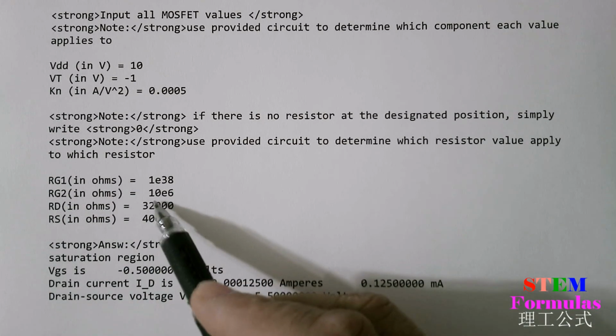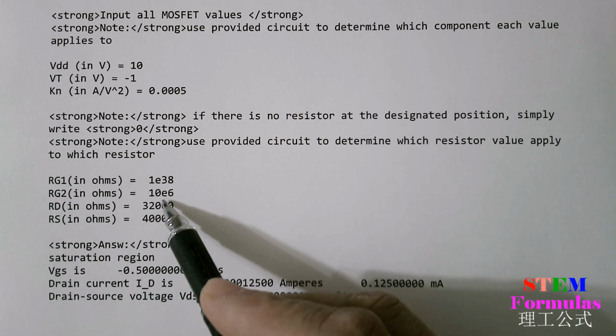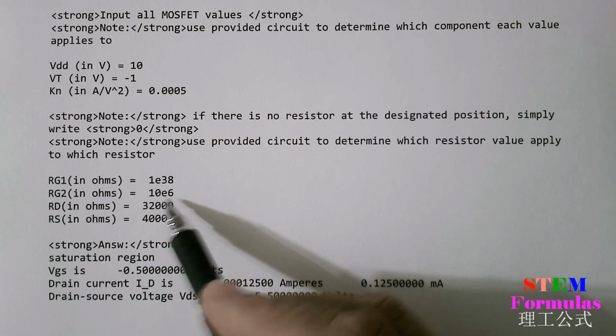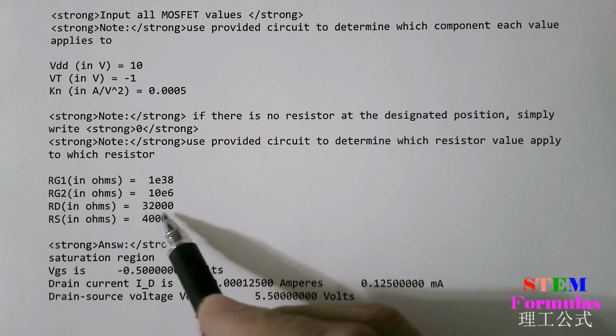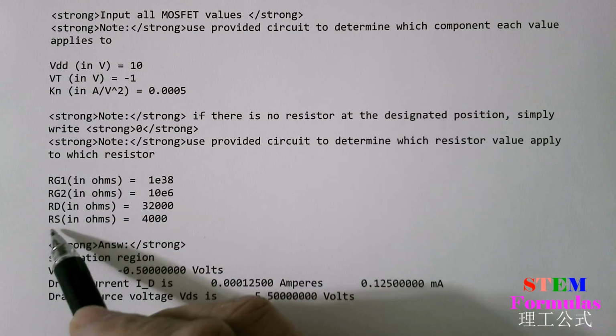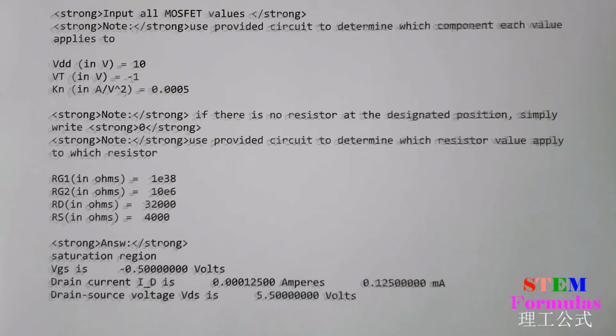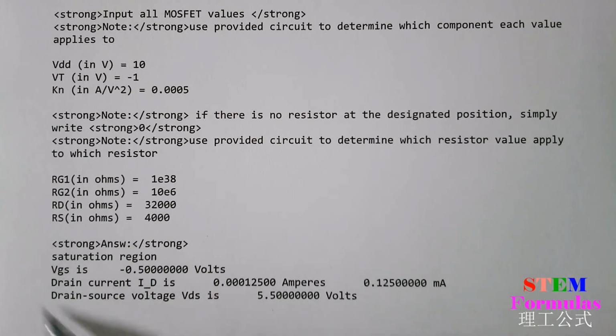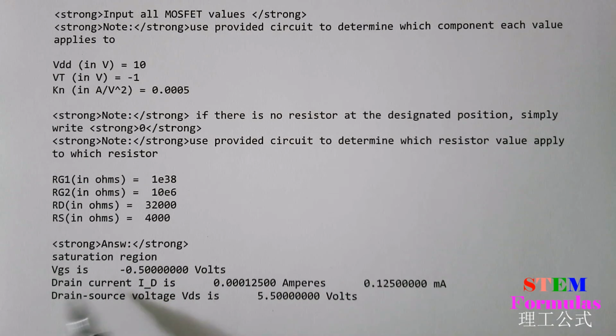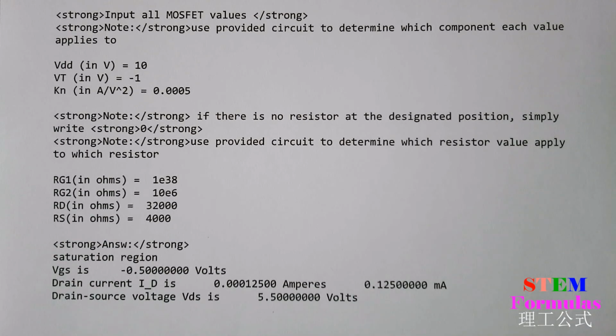RG2 equal 10 times 10 to the 6. RD equal 32,000. RS equal to 4,000. The Matlab gave us the output as here. VGS equal 0.5 volt. The drain current equal 0.125 milliamp.